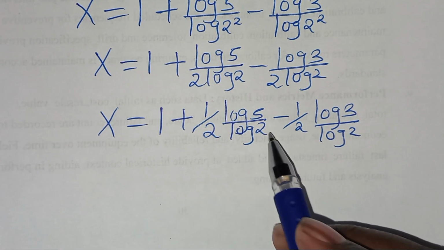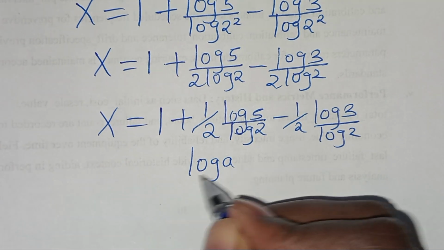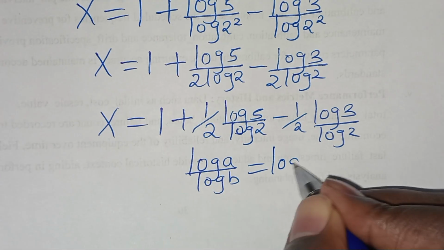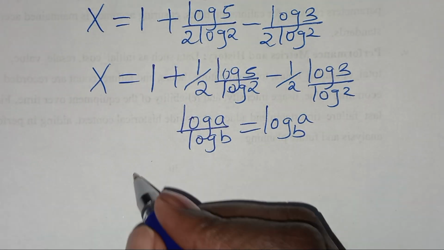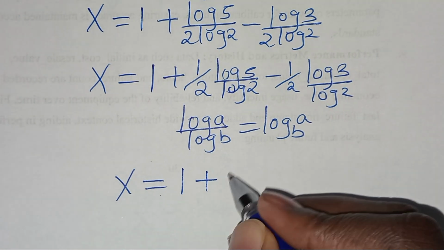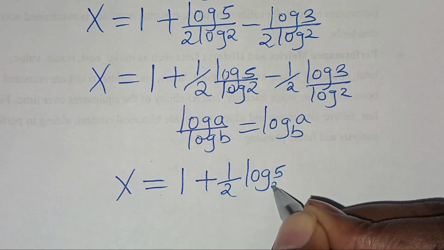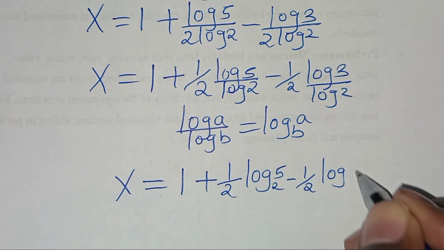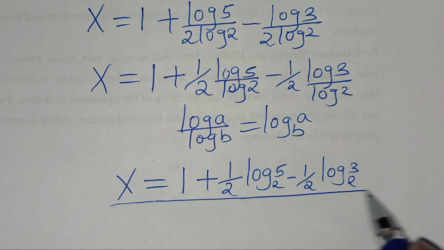But log 5 over log 2 and log 3 over log 2 are in the form of log a over log b, which we can express as log a to base b. So this implies that the value of x is equal to 1 plus half log 5 to base 2, subtract half log 3 to base 2. Now, this is the value of x.